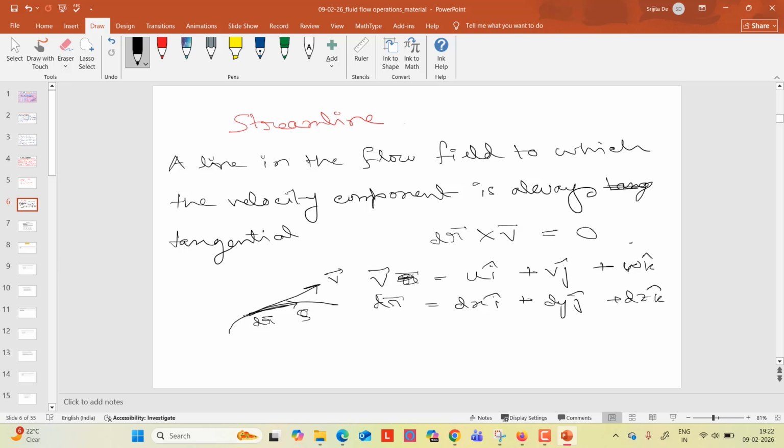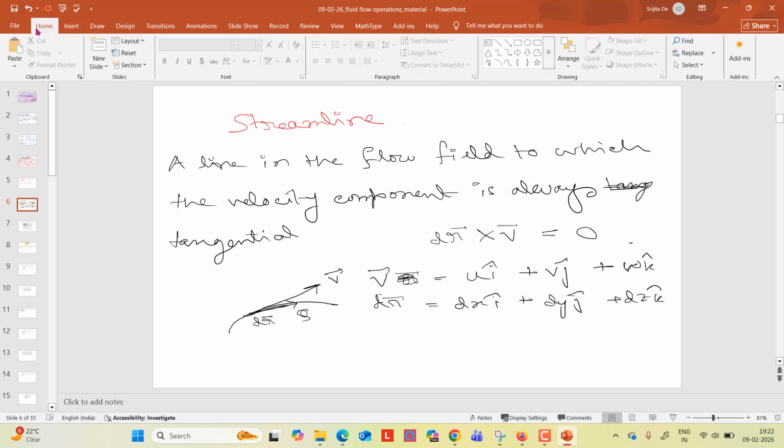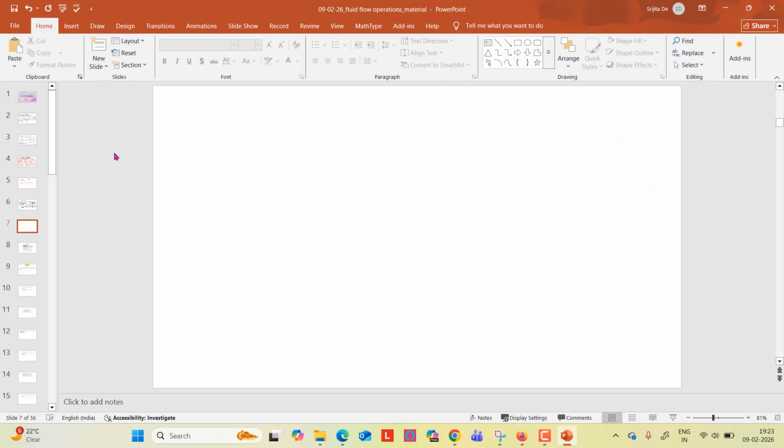Now dr cross v equals to 0, irrotational flow.